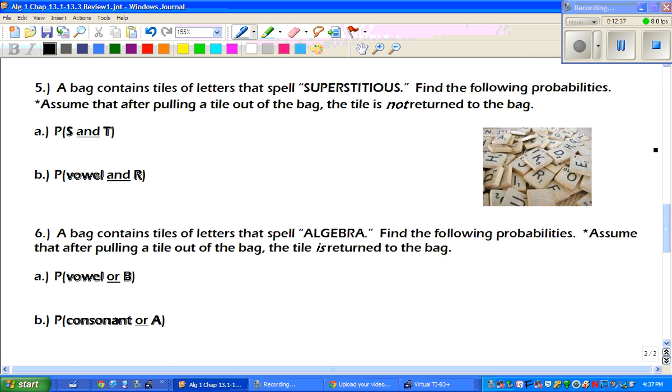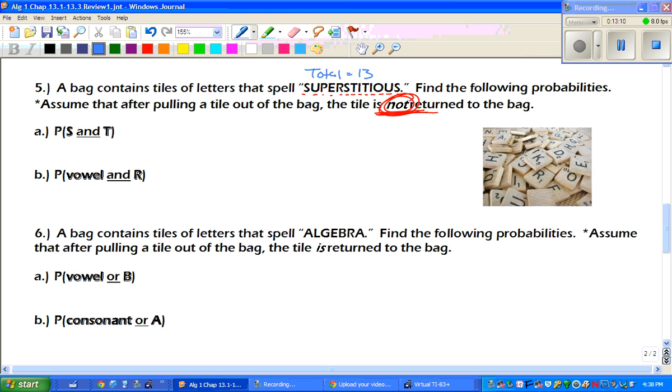A bag of tiles contains the letters that spell superstitious. Find the following probabilities and assume that after pulling out a tile, the tile is not returned. Okay, so we got 1, 2, 3, 4, 5, 6, 7, 8, 9, 10, 11, 12, 13. We have a total of 13.